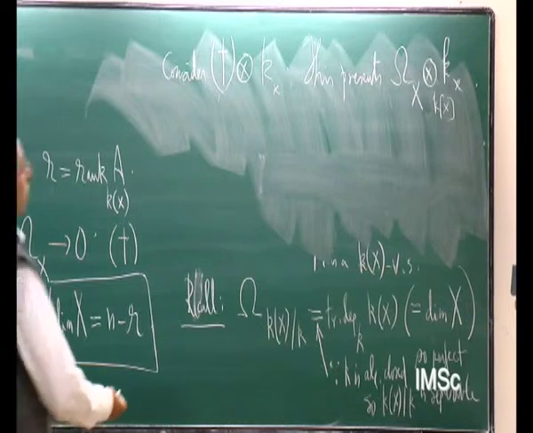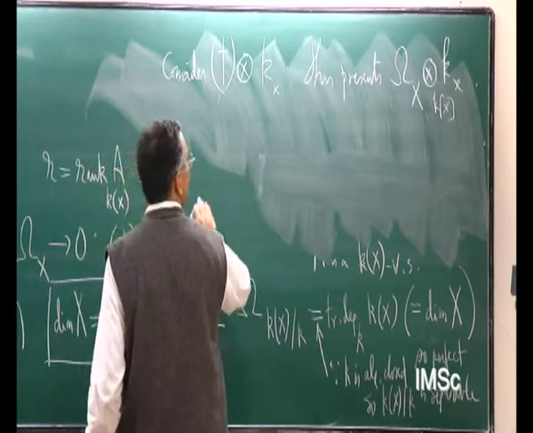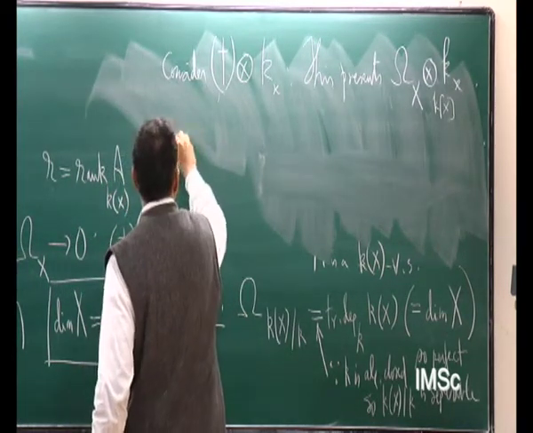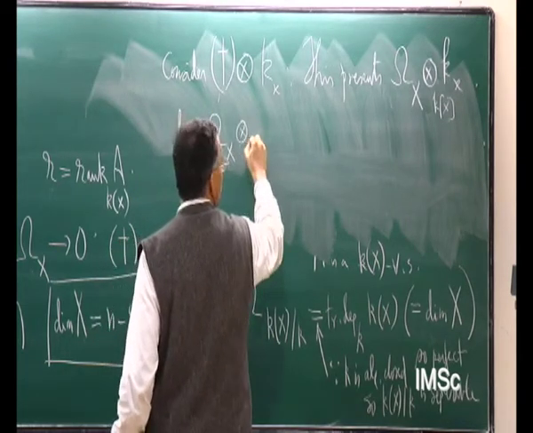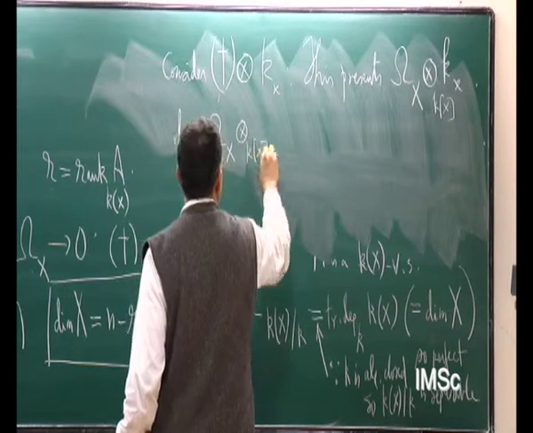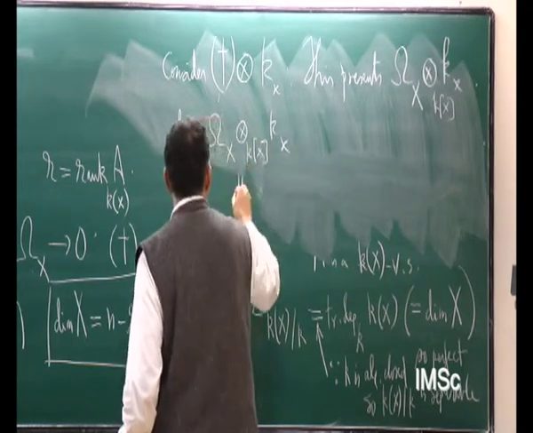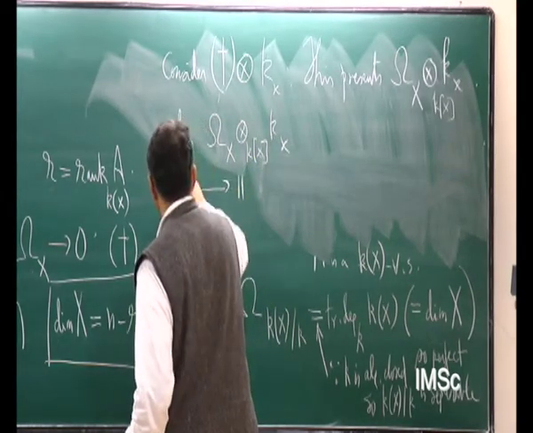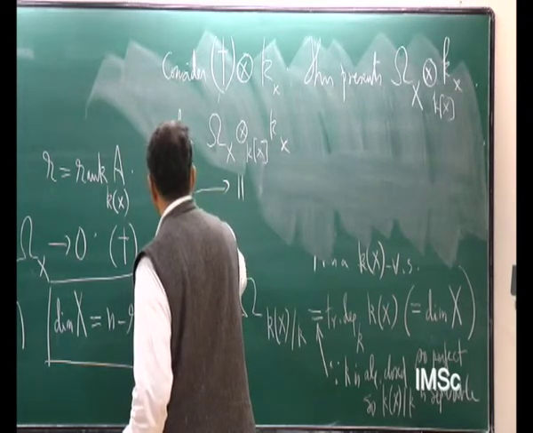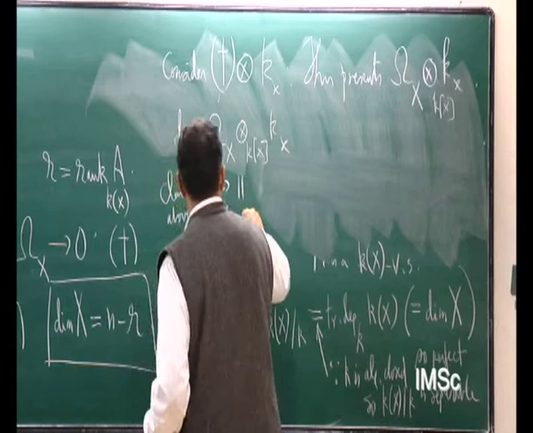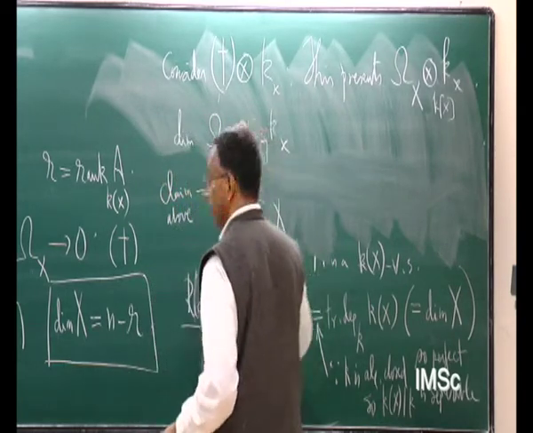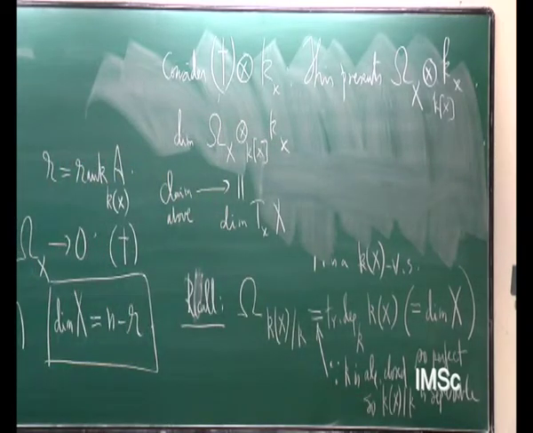Therefore, what do I know? So I know that the dimension of this thing, which by the claim above, just proved, is the dimension of the tangent space at x. By that's the claim.